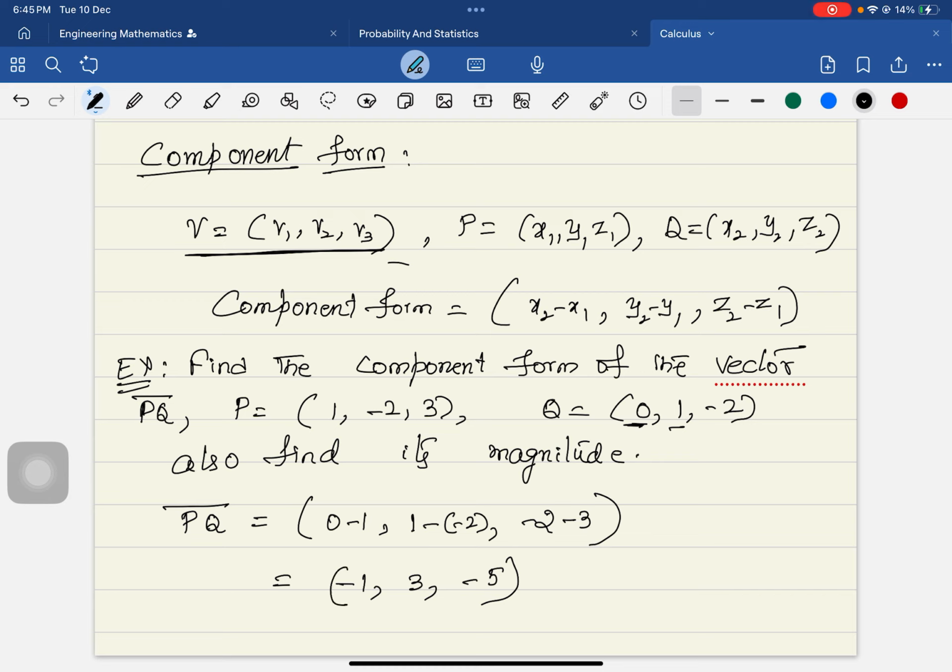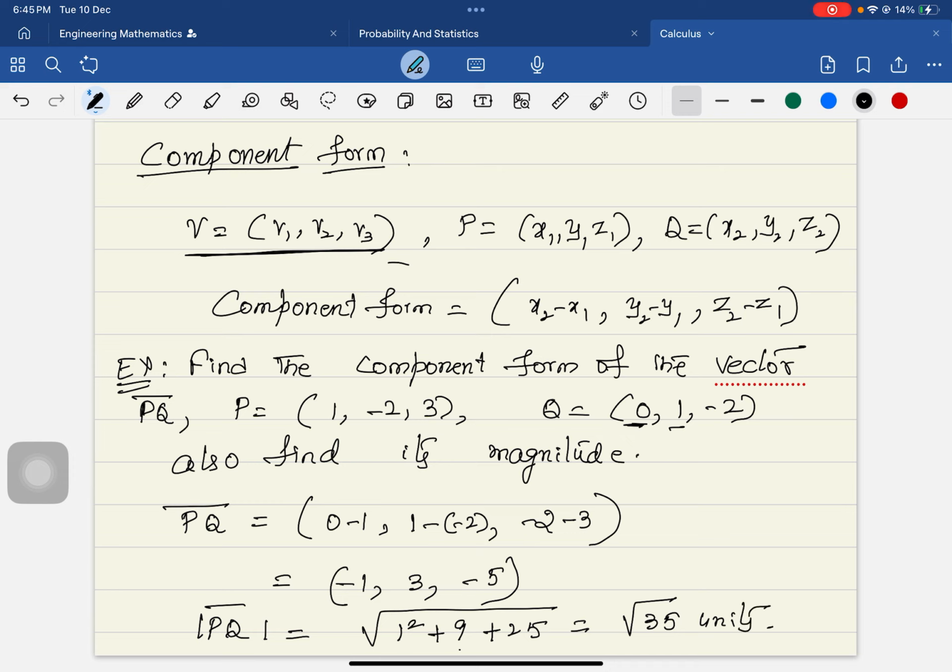So this is the component form. And now what is mod PQ, that is the magnitude? Square root of, now it is in three dimensions, remember, 3 square plus minus 5 the whole square is 25. So it is 25 plus 10, the square root of 35 units is your magnitude.